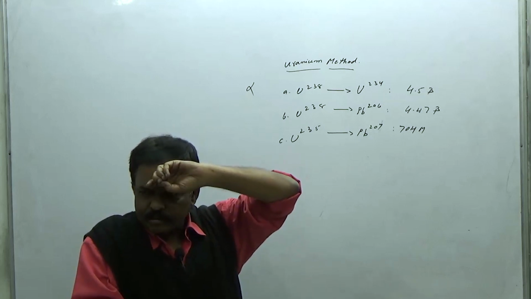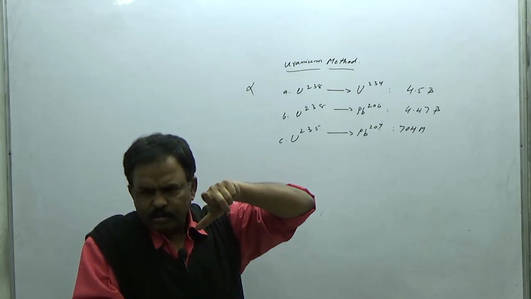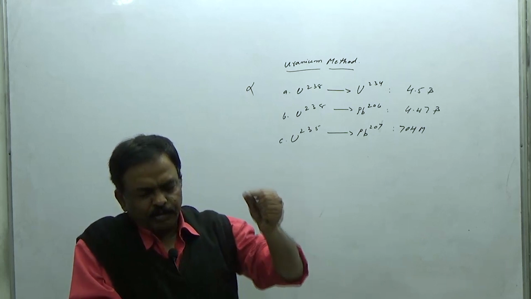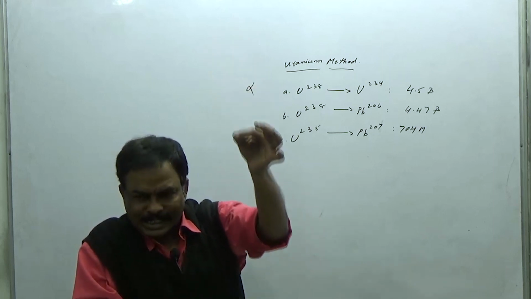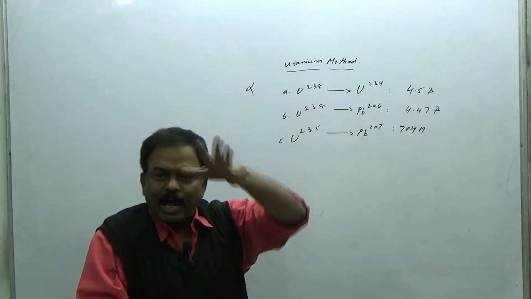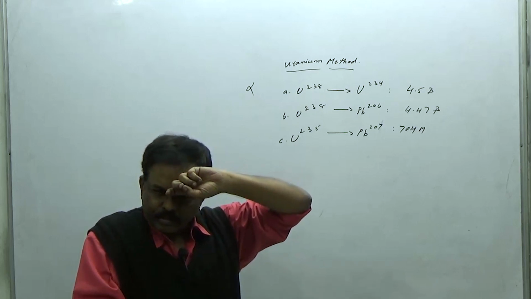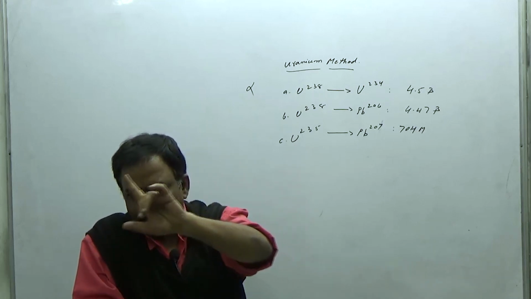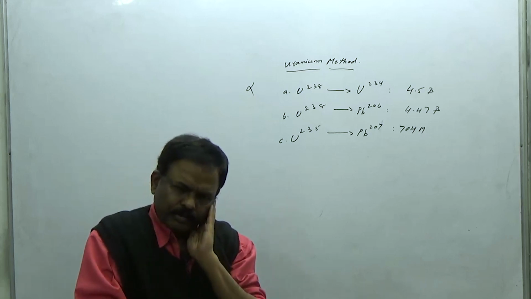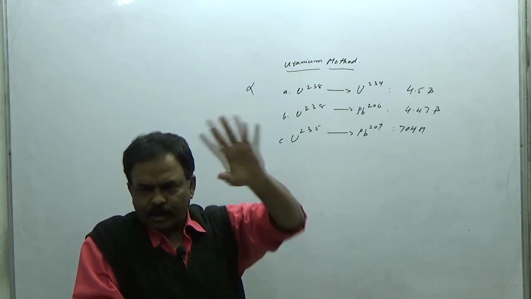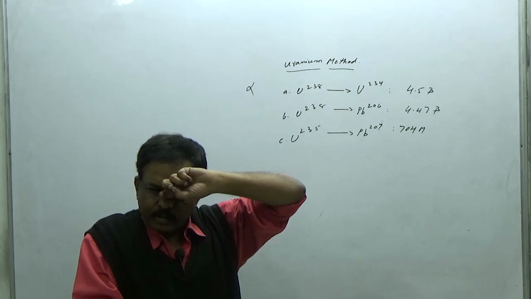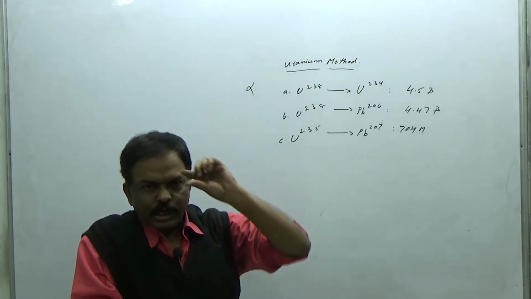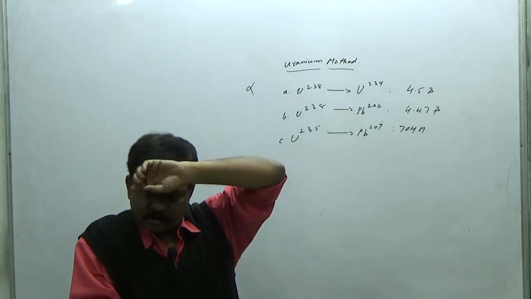We can't say anything. Whenever water seeps into the deep valleys, in that only uranium is present. No thorium, no lead, nothing. The reason is that uranium alone dissolves in the water.